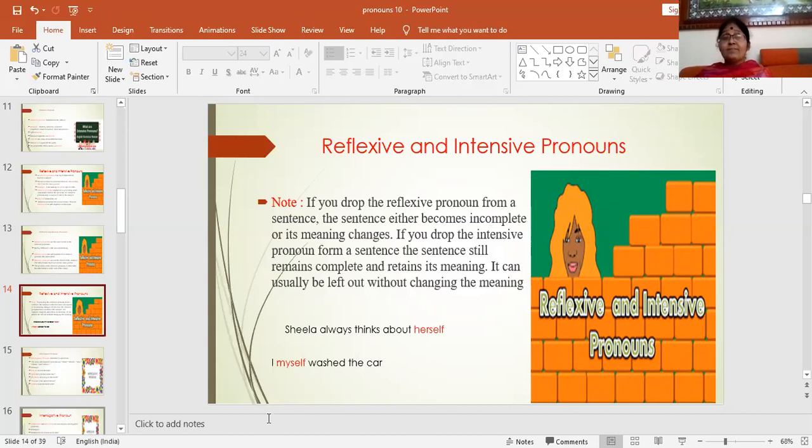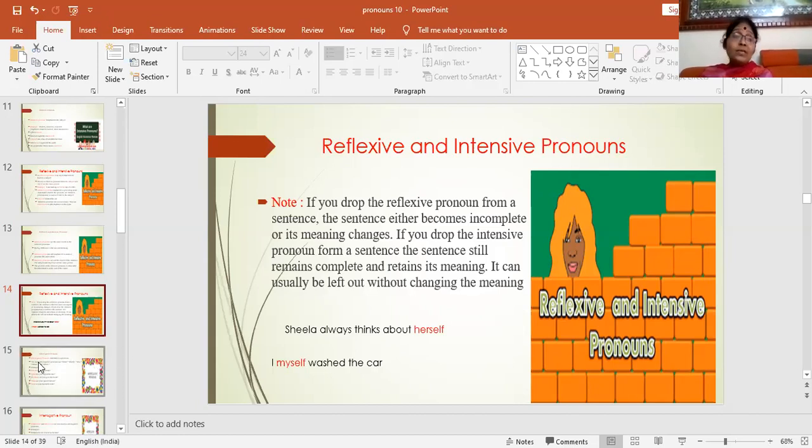I'll remove myself: I wash the car. The meaning still remains there. So very simple if you want to know the difference. This intensive pronoun is additional, where it is emphasizing. If you remove that, the meaning will not change. Whereas in a reflexive pronoun, it is both the subject and the object. I think I've made it very clear.